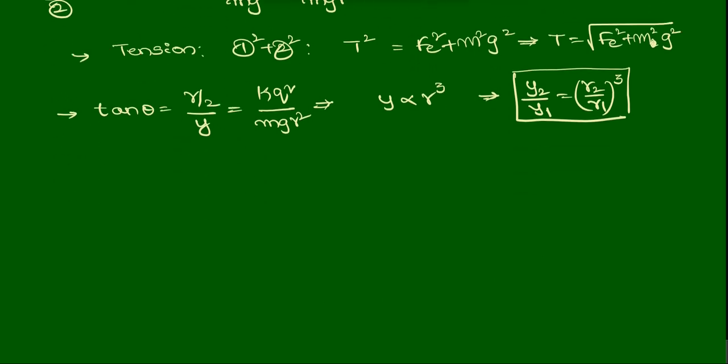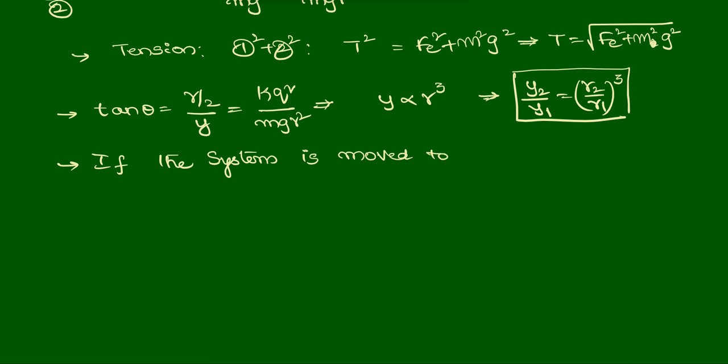And the next interesting point based on the same application is, if the system is moved to gravity free space, or any artificial satellite, then g will be 0.